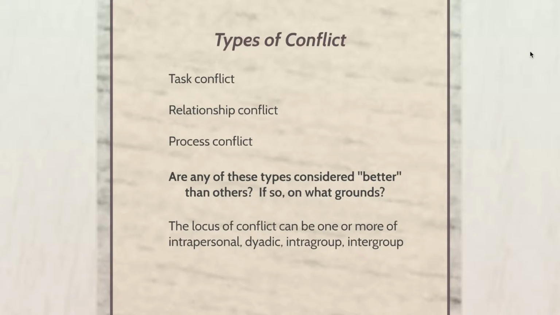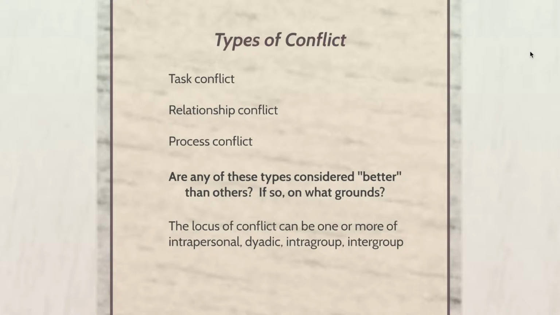Process conflict is actually a better, quote-unquote, better type than others, simply because conflict over a process tends to bring out, particularly if you take an interactionist perspective, a problem-solving process to resolve that conflict. And so you might end up with a better process in the end.